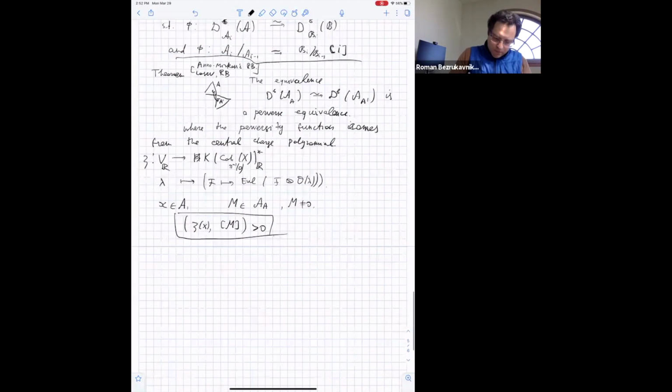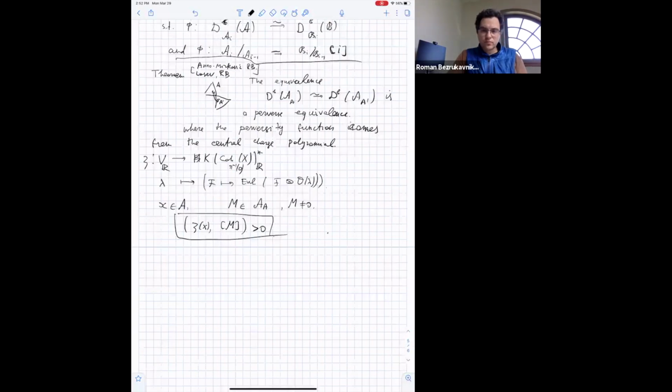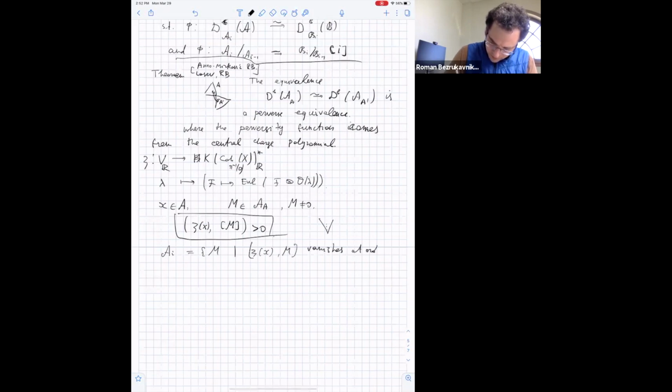And then for a face, there is a filtration by the order of vanishing as you approach this face, so A_i consists of all M such that zeta of x paired with M vanishes at order at least i on this face bounding the alcove.